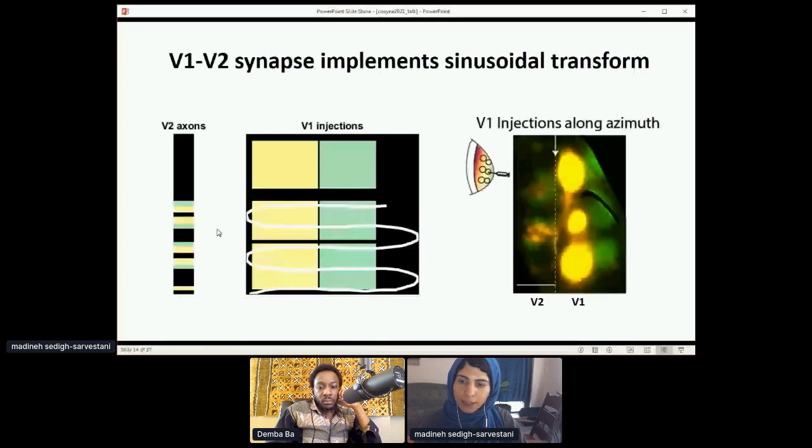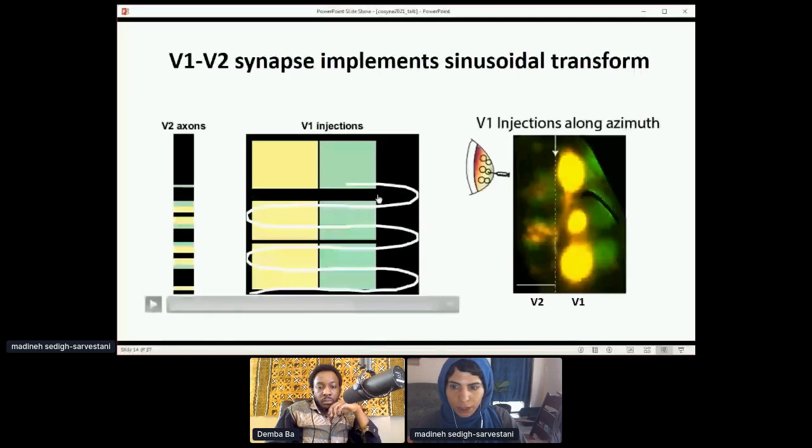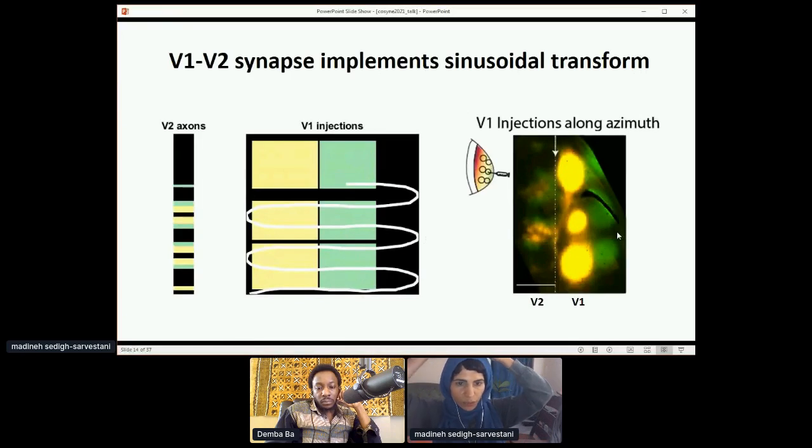So let me pause this. These thin holes between the yellow central representations are just because we don't have label where the path reverses. So I didn't inject label right up to the border between V1 and V2. The thicker holes, these guys, are again because I don't have label in the most peripheral portions of V1, which are actually sort of tucked in the midline. I can't access them.